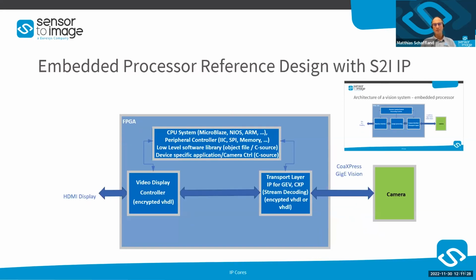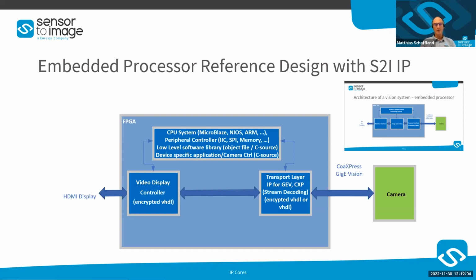An embedded receiver looks, at least from the block diagram, even a little bit simpler. We have our external camera, off-the-shelf camera from whatever vendor, which is connected to the FPGA via CoaXPress or GigE Vision. Here we have the corresponding transport layer IP to decode the GigE Vision or the CXP streaming protocol, and forward some messages to the CPU system if needed, which is very similar to a camera.